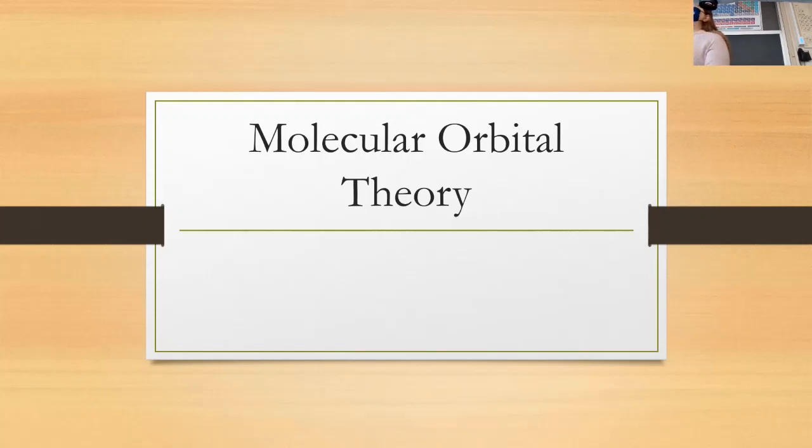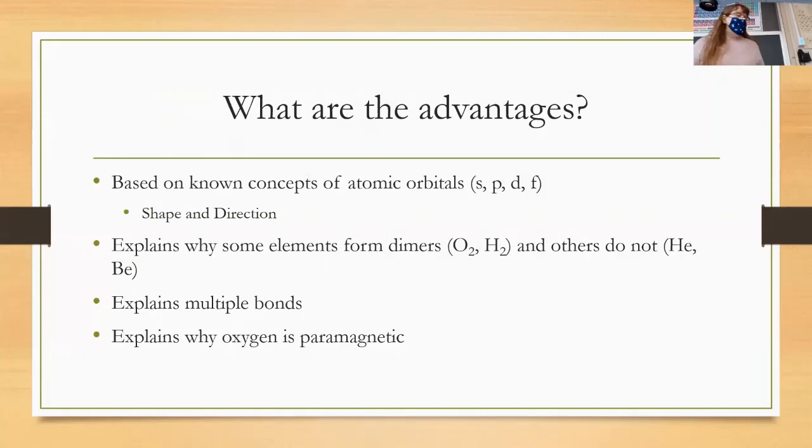And so this is where molecular orbital theory comes in. It is much more robust. And so that's one of the advantages. Okay, so why is it more robust? Rather than saying, hey, let's change our orbitals into new orbitals, we're just going to work directly with the S, the P, the D, and the F orbitals.